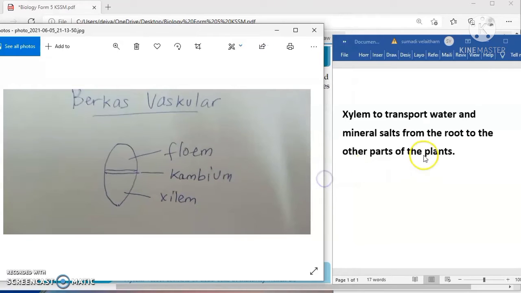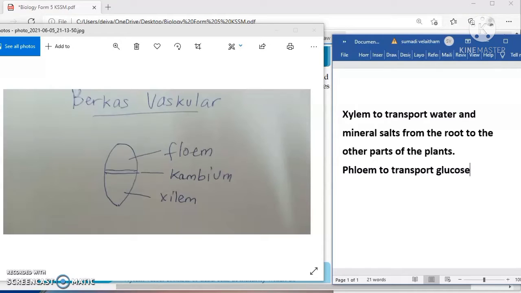Okay, what is the function of phloem? Transport organic material. Phloem, the function is to transport what? Organic material. No, you better use the word glucose.